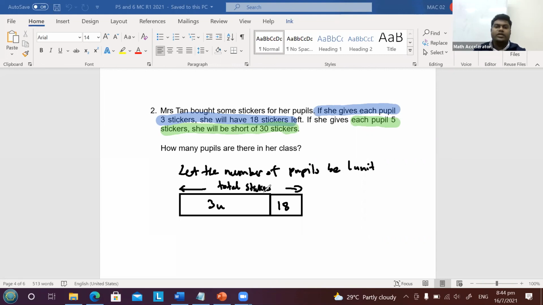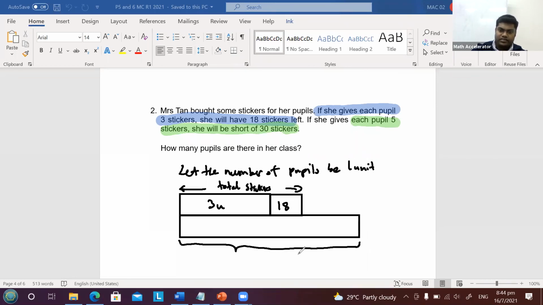Okay, great. Now let's look at the next sentence, the one in green. If you give each pupil 5 stickers, she'll be short of 30 stickers. Go and draw a model. Okay, 5 units. So this one right here is 5 units.